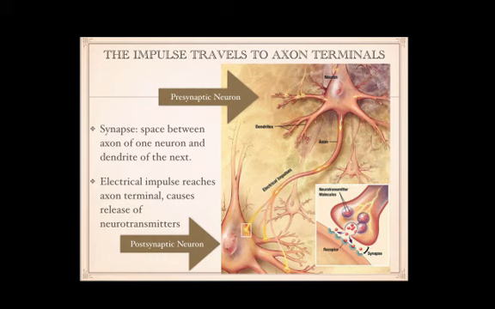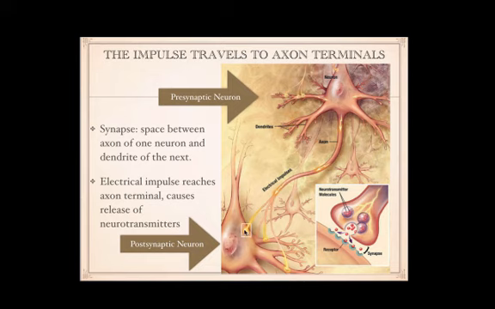If we look at the big picture here, we have a presynaptic neuron, and that presynaptic neuron has sent an electrical impulse or an action potential down its axon. Eventually, that action potential reaches the axon terminals.